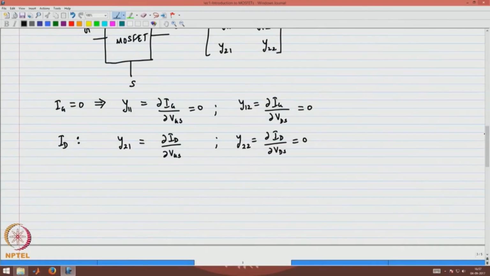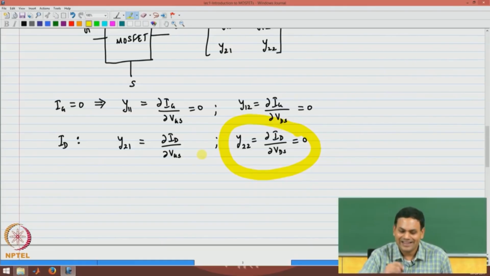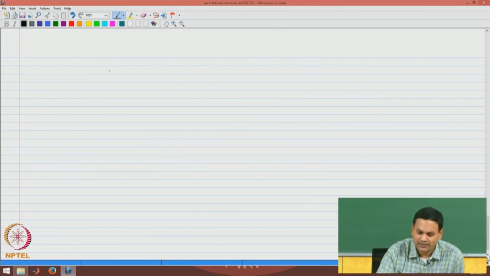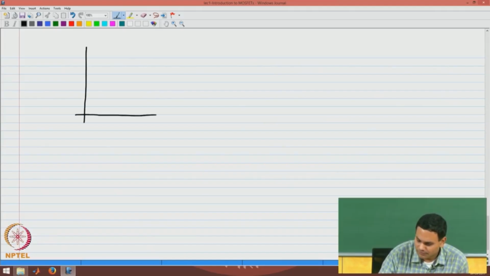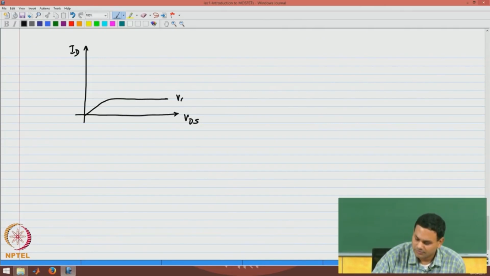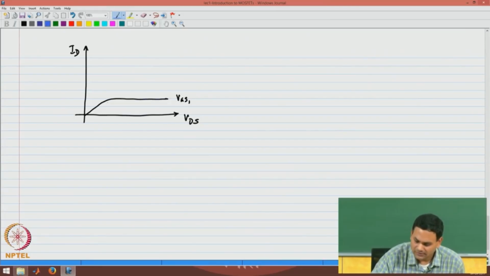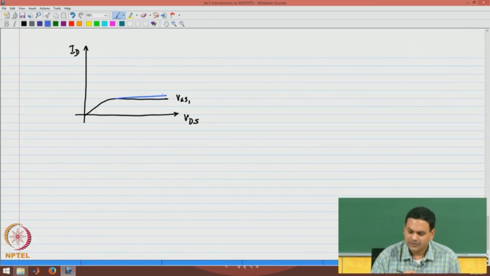Now, having said this, we have to go back, and I would like to point out that even though we said that for an ideal MOSFET Y22 should be 0, it turns out that for a real MOSFET it is not exactly 0, and it turns out that if you measure the IV characteristics of any MOSFET, even though I will show it for 1 VGS, even though you expect the drain current to be independent of the drain source voltage, the actual characteristics will follow the curves shown in blue.